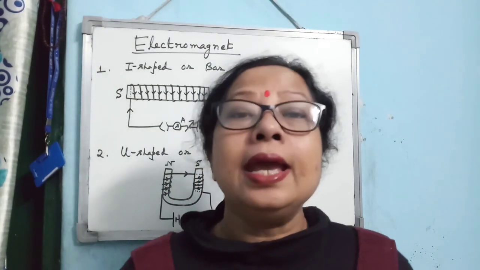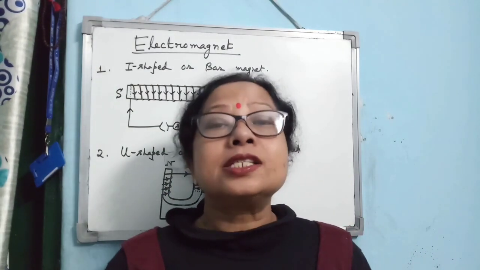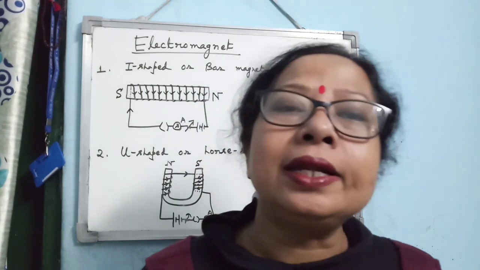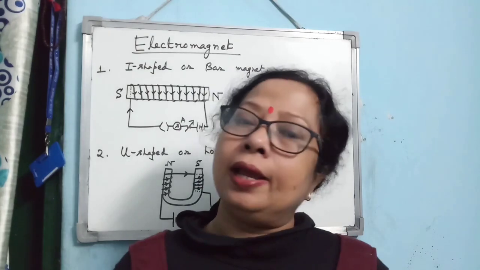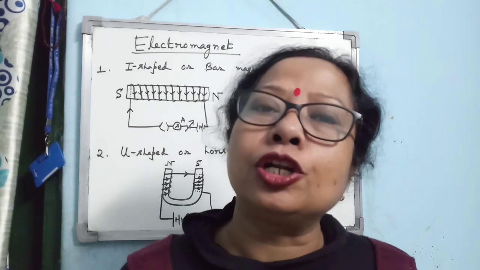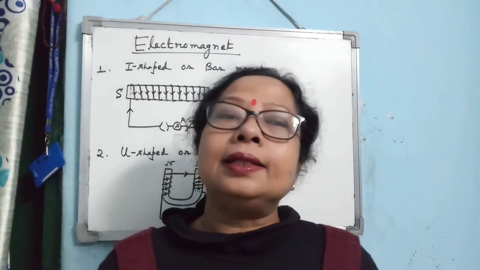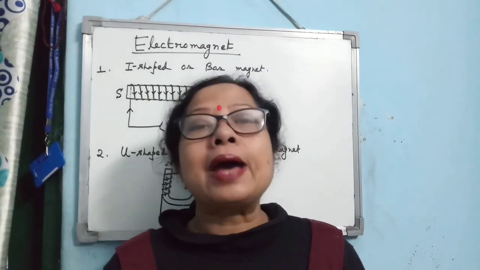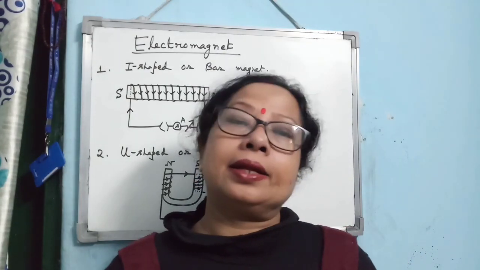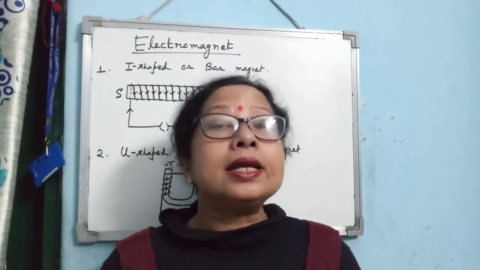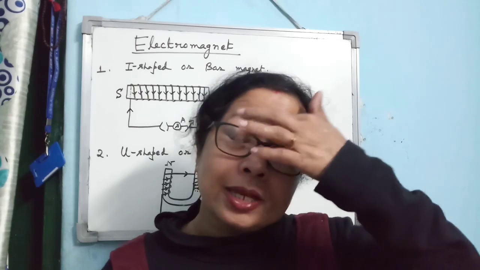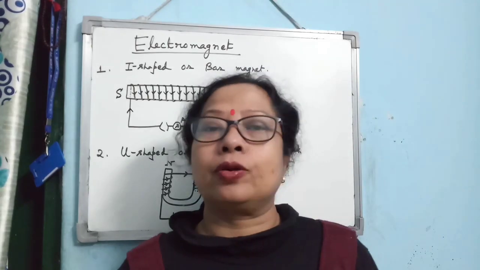Then the third point: in case of an electromagnet, the strength of the magnet can be changed by changing the magnitude of the current passing through the coil. In case of a bar magnet, the strength of the magnet cannot be changed. Is that clear? Then the next point: an electromagnet is generally stronger than a permanent magnet. Clear? An electromagnet is a very strong magnet, but a bar magnet cannot be made so strong as an electromagnet.